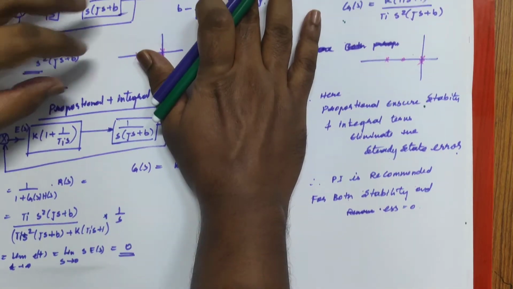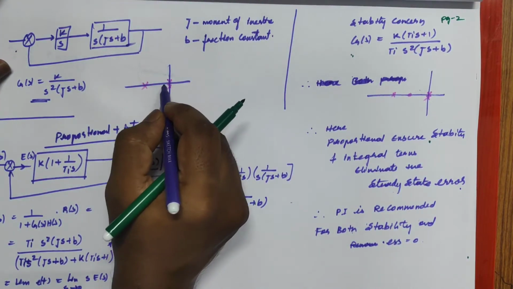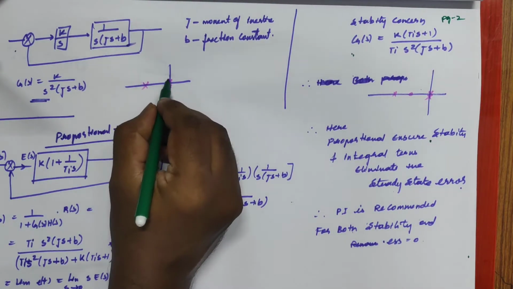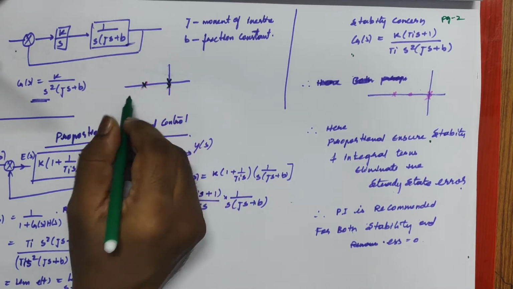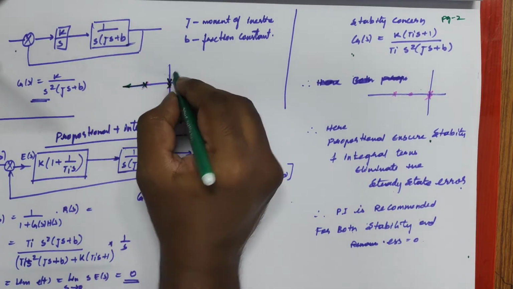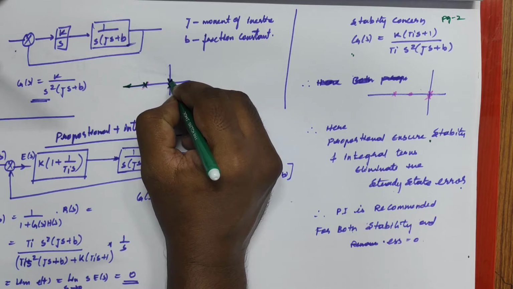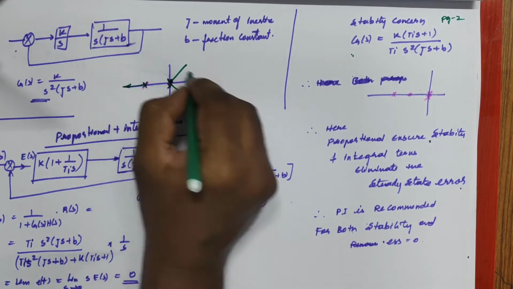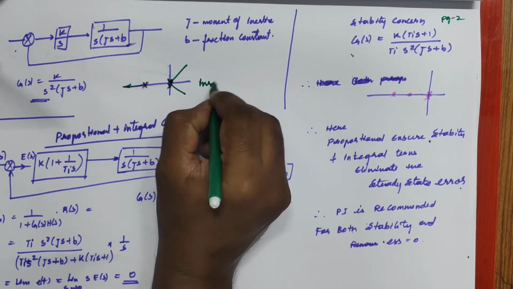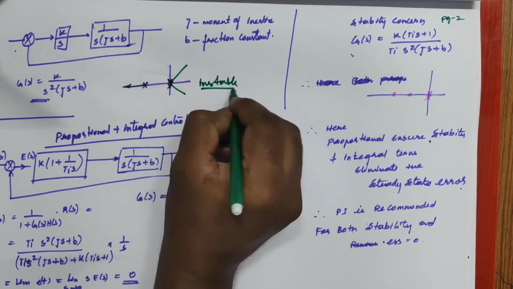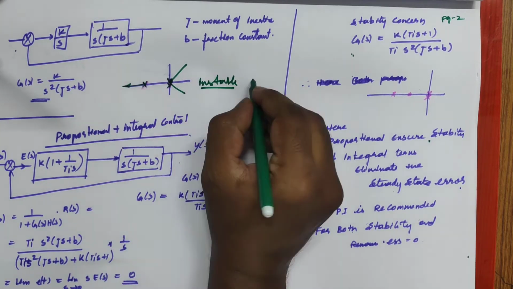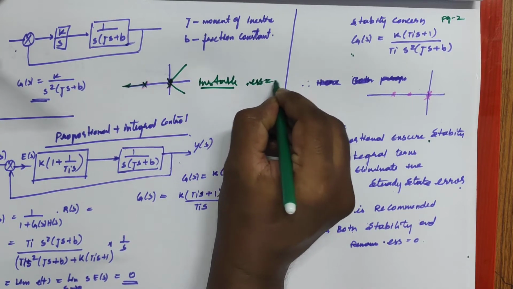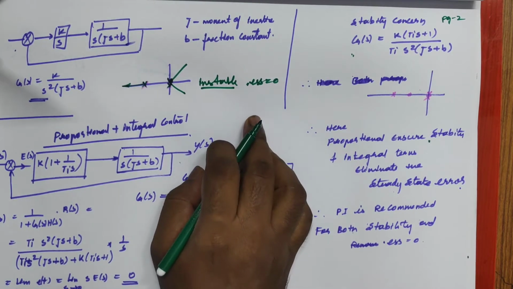We can see that by the root locus. I have two poles here and a pole here. So this goes to here. But with K from 0 to some finite value, it immediately becomes unstable. That means I cannot compromise on stability even though my steady state error is equal to 0. That means we need some special treatment.